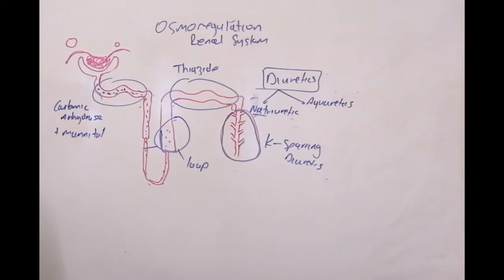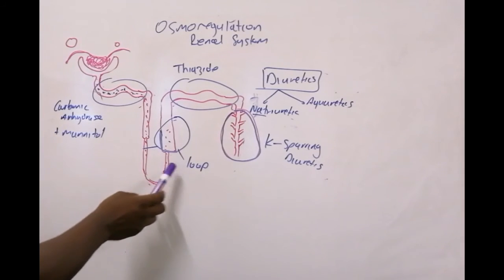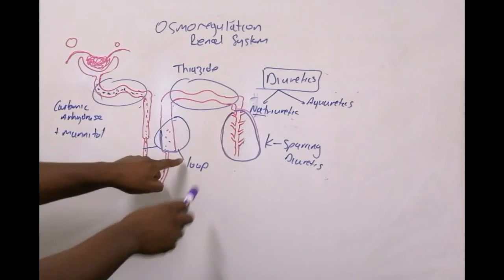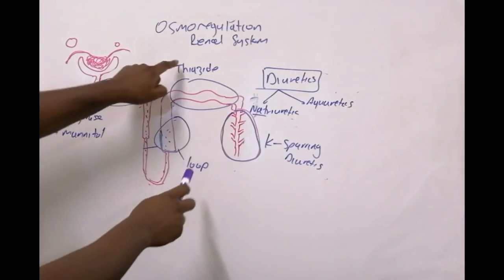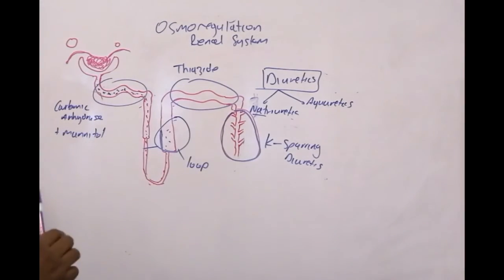We do know that potassium sparing are considered one of the antifailure drugs. It's safe. They are still being used, but not alone, so they need to be helped. More potent than any of these, and this one is more potent than these two, and this one is more potent than this, because of their location in the nephron.